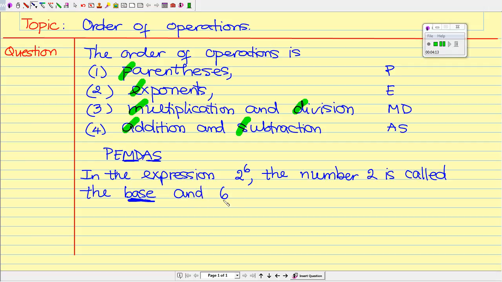And 6 is called the exponent, or you can call it power. Okay, now let's start with example now.